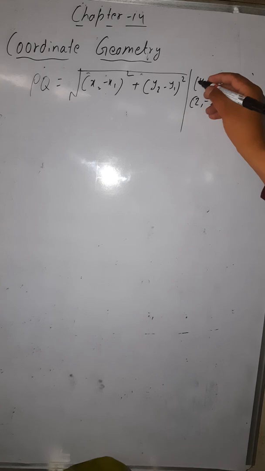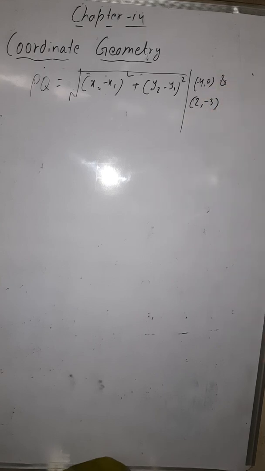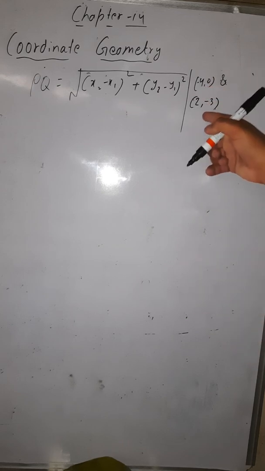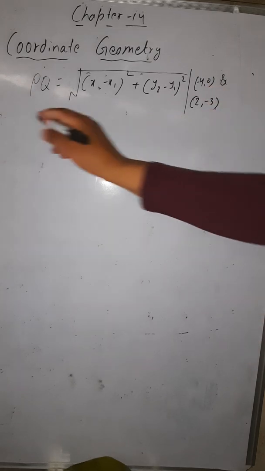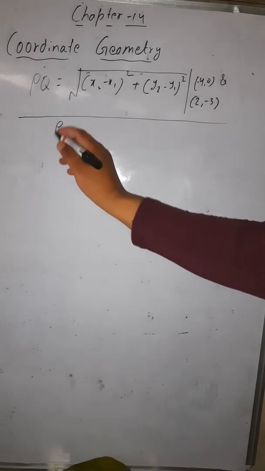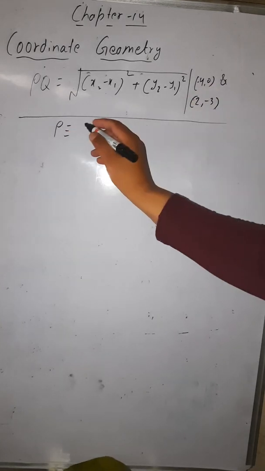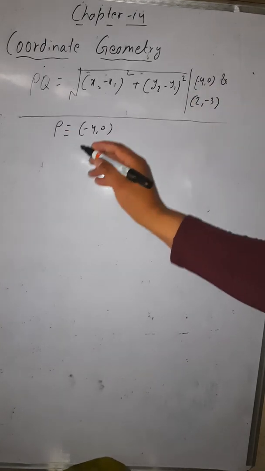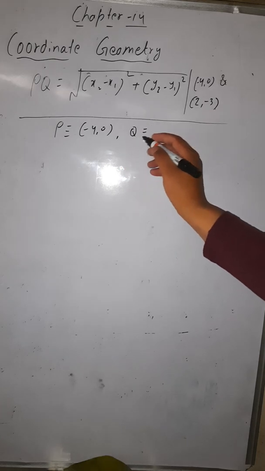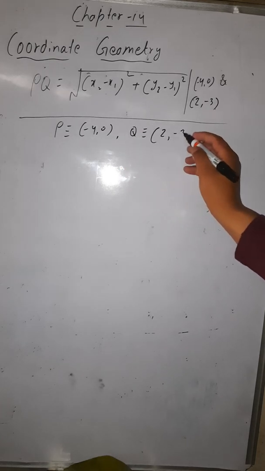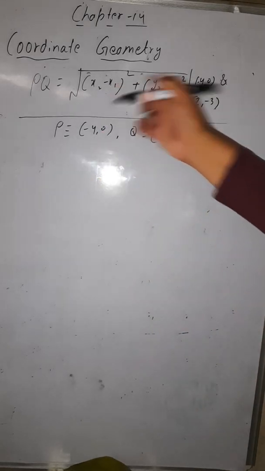Sorry, find the distance between minus 4, 0 and 2, minus 3. So between these 2 points you have to find the distance. Let's say this is point P and this is point Q. I am going to solve it here. Point P is what? Minus 4, 0 and point Q is what? 2, minus 3.